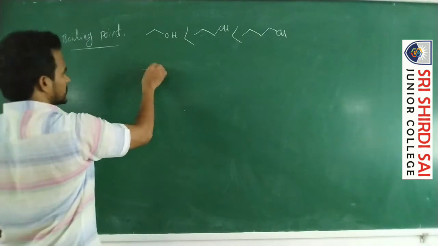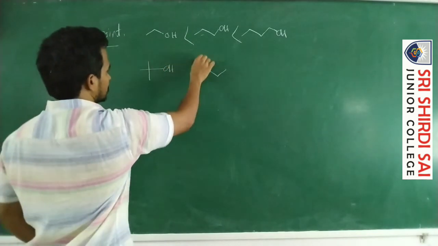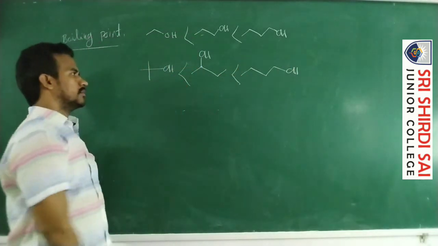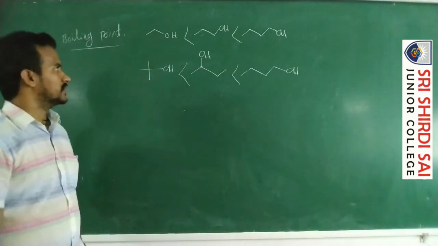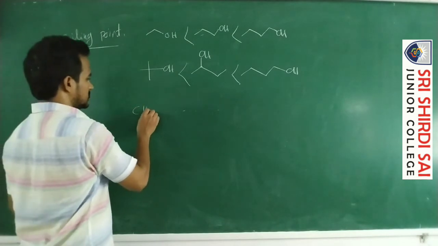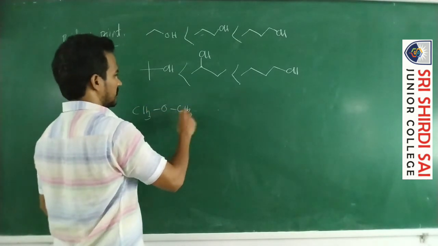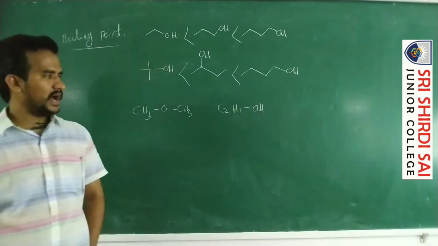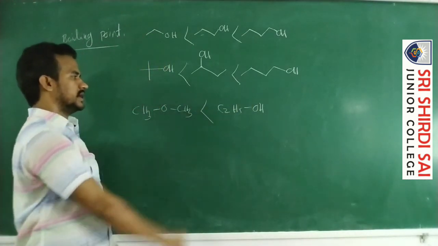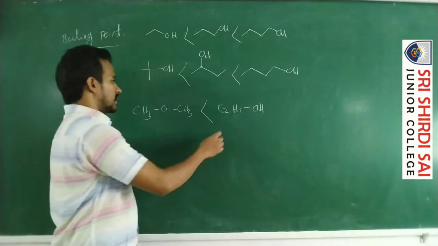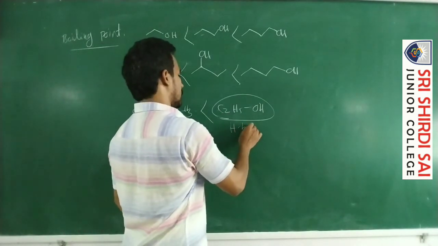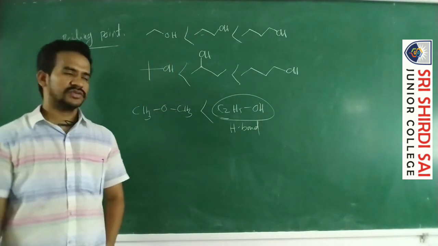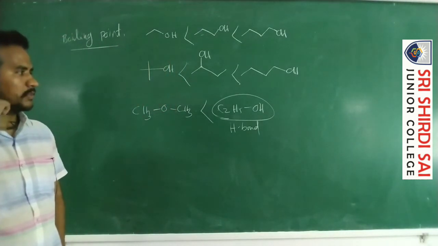And with increasing branching, for suppose tertiary butyl alcohol, secondary butyl alcohol and n-butyl alcohol, the boiling point decreases. Okay. Now this is dimethyl ether and this one ethyl alcohol. Between these two, which one has the higher boiling point? Ethyl alcohol has a higher boiling point, because ethyl alcohol has hydrogen bonding. Because of the hydrogen bond, the ethyl alcohol molecules get associated. So that's why ethyl alcohol has a higher boiling point.